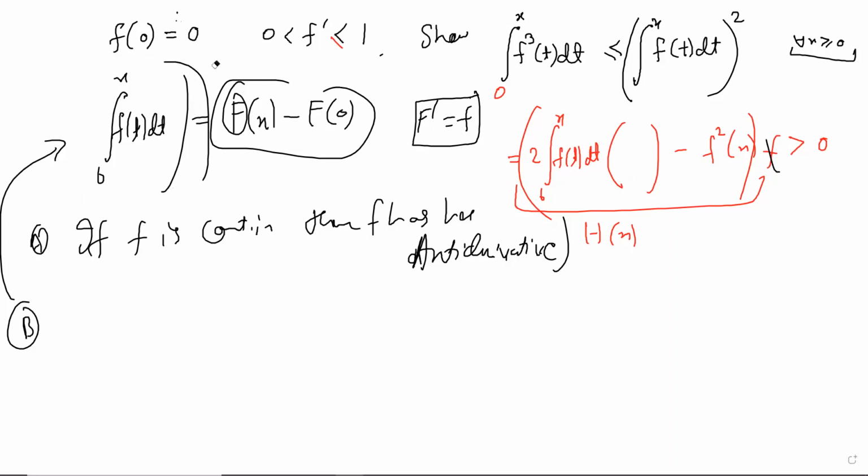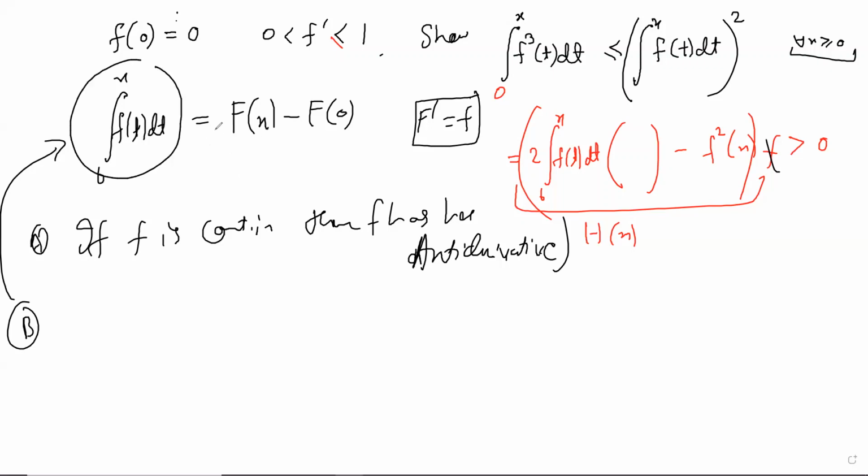So the last point is that if small f is continuous, then it has an antiderivative, and because this integral is equal to the difference of two differentiable functions, the LHS automatically becomes differentiable.